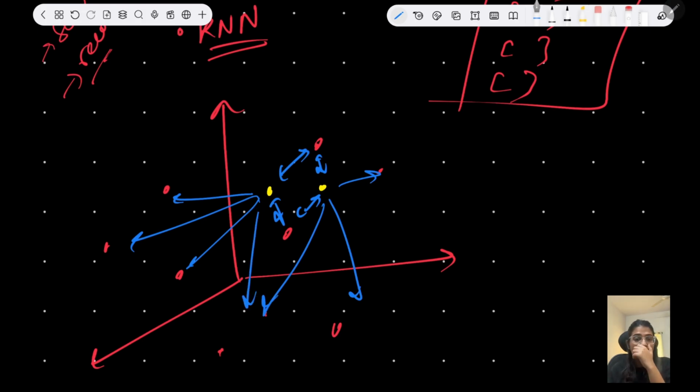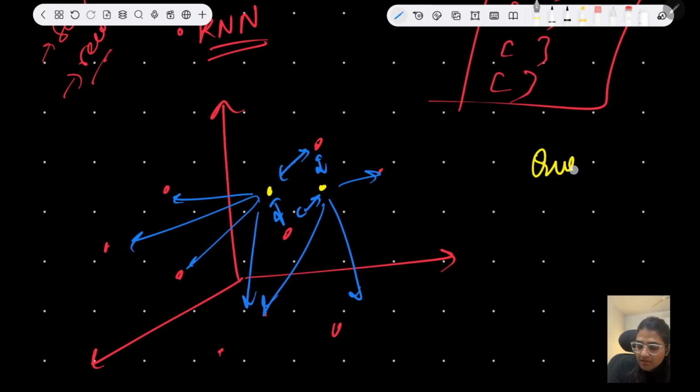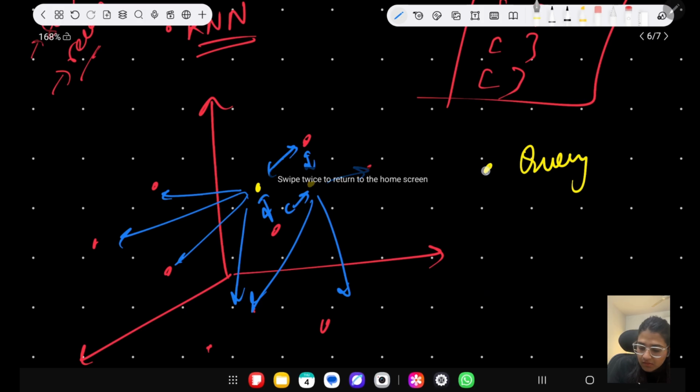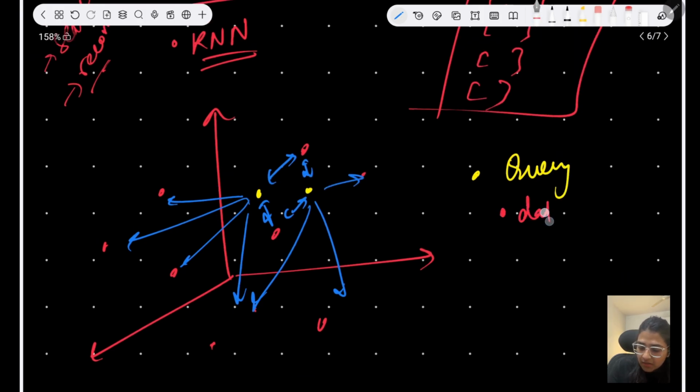Like this, I will find the similarity scores between my query. This is my query embedding, the yellow one, right? And the red ones are my data embeddings. I'll find a similarity score between them.